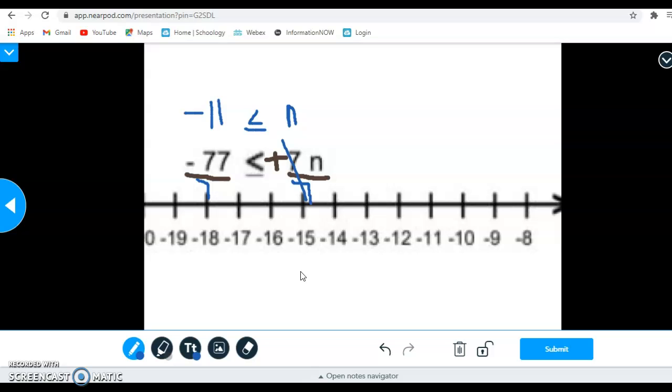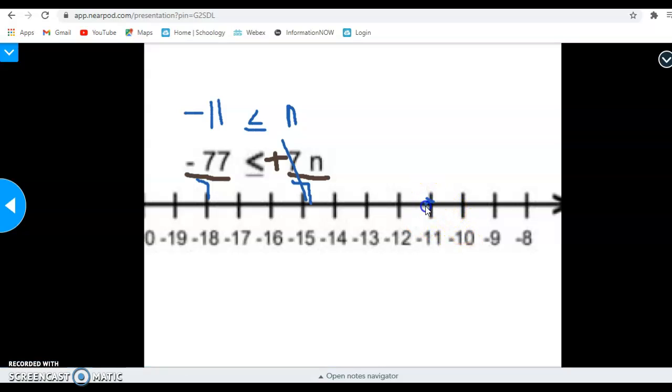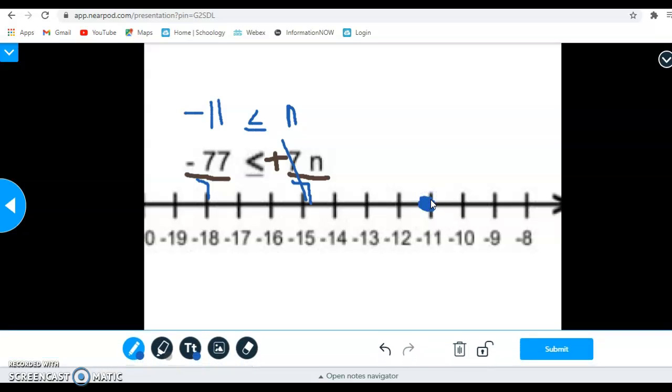So we want to know if negative 11 is less than n. Now we need to know whether we need an open circle or a dot. We know that it's going to be a dot because we have a line underneath this inequality sign. So we need a dot at negative 11.